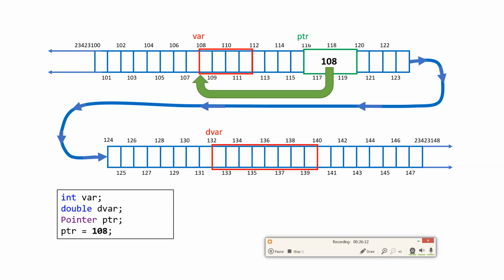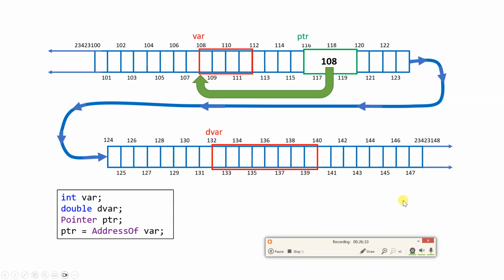The problem is that when you are actually writing code, all you have is the name of the variable. You don't have what the address of the variable is. So we're going to come up with some kind of an operator that extracts the address of a variable instead of its value.